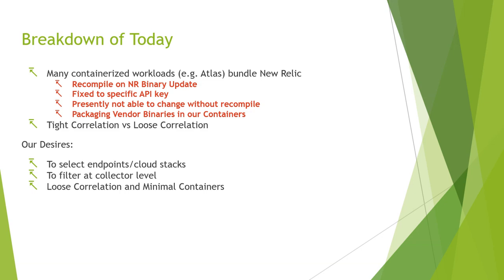So when you bundle in something like the New Relic APM infrastructure agent to your container, you have that consequence of now having to recompile with updates, because New Relic will continue to put out features, continue to put out updates, and you should always have those. It's also fixed to an API key. Now, that can be modified, okay? But in our case, we're just using the out-of-the-box setup. The API key is bundled into the Docker container. That means I'm fixated to one endpoint.